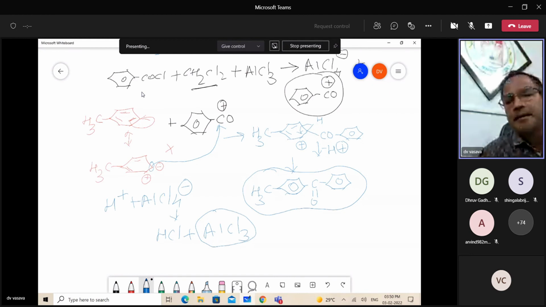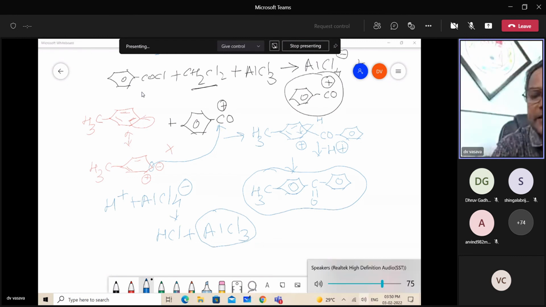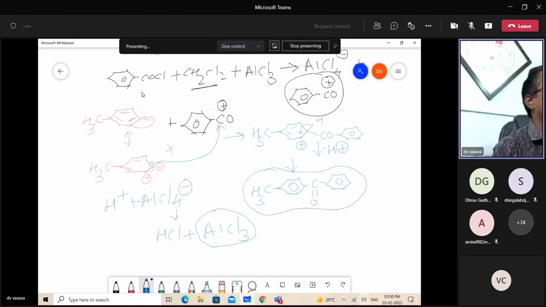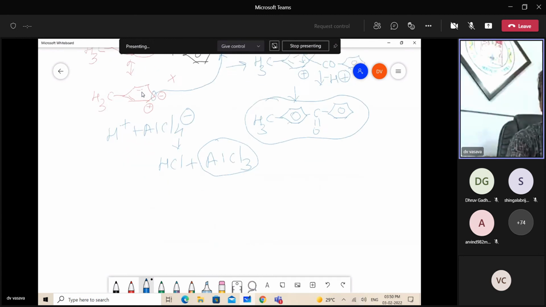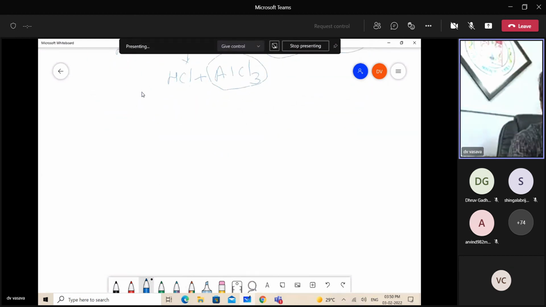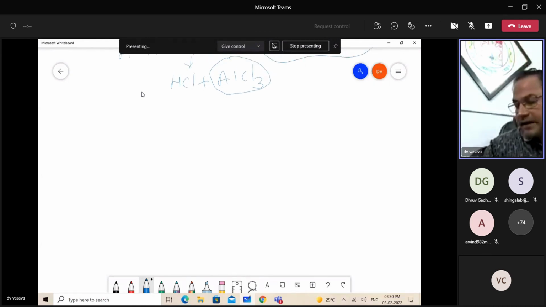Yes sir, yes sir. Is this reaction mechanism clear? It is very short, by the way, so don't worry about that, but still you need to practice it. Now the procedure is also very short and easy to prepare.